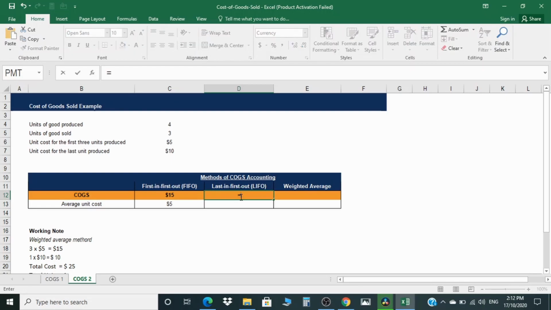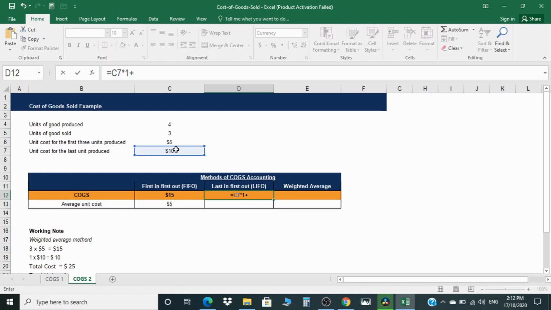Now we go by the last in first out, sorry, LIFO method. Just go here, and the idea is you have to sell the last first and then go backward, right? So for what you sell last, the unit cost for the last unit produced is $10. Just take $10. How much do you sell? Just one, so 10 into 1, plus, because you are selling a total of 3, not 4.